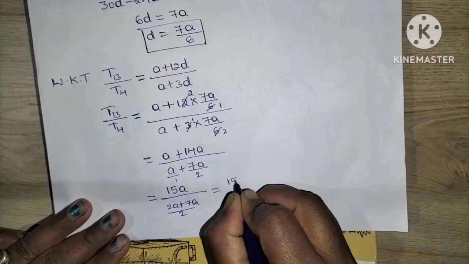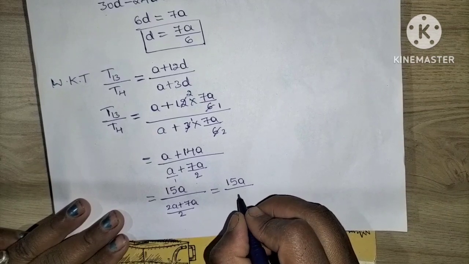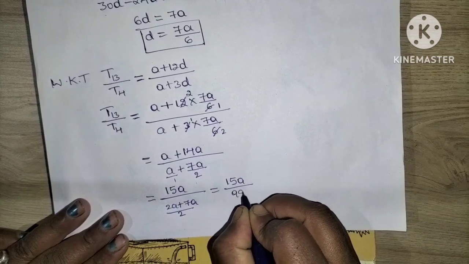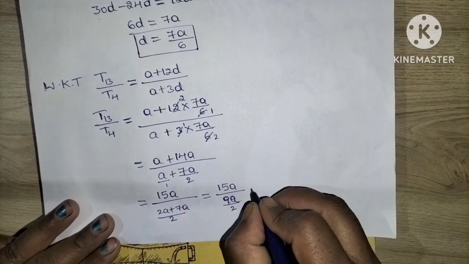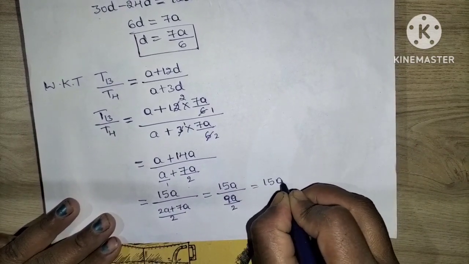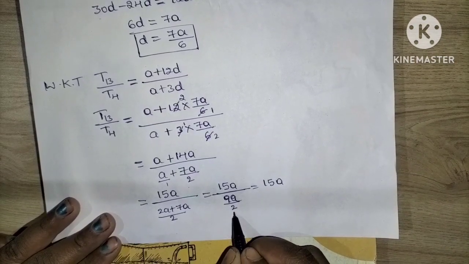So here 15a divided by 2a plus 7a is equal to 9a divided by 2. So in the denominator 9a divided by 2 is there.